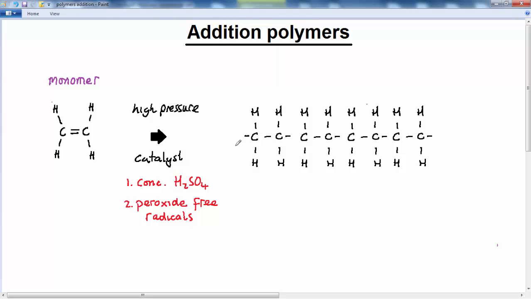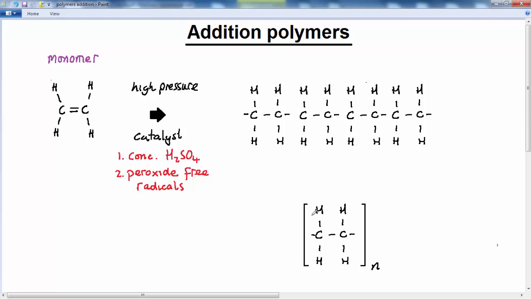So that's the monomer, and these can form very, very long chain polymers made of thousands of polymer units. The polymer unit in this case is represented using this diagram with the unit in square brackets, and this n refers to the number of units in the chain. So what we can say is that we're polymerizing n molecules of ethene to synthesize a polymer with n polymer units.